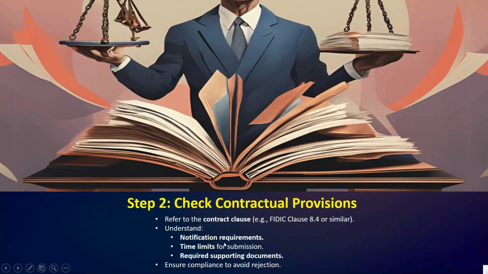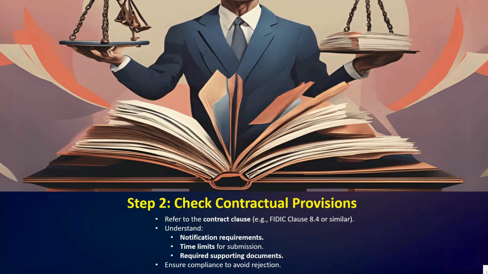Here we have the notification requirement, time limits for submission, and the required supporting documents. Notification requirements: when to inform the engineer or employer. Then time limits for submission, usually within 28 days in FIDIC contracts.